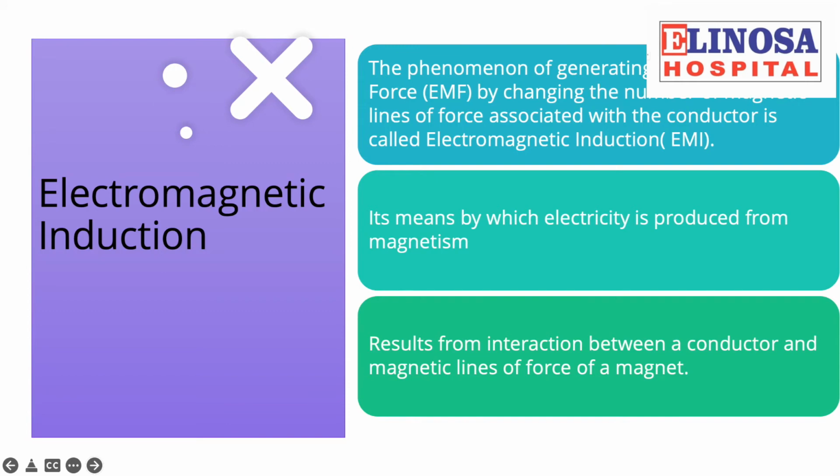The phenomenon of generating EMF by changing the number of magnetic lines of force associated with a conductor is called electromagnetic induction. It's a means by which electricity is produced from magnetic fields or magnets.